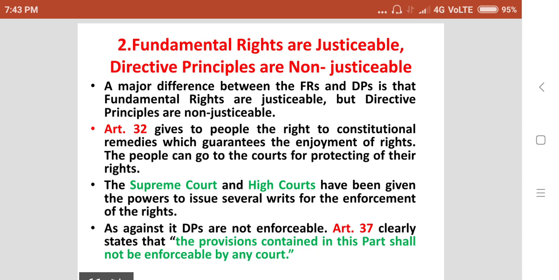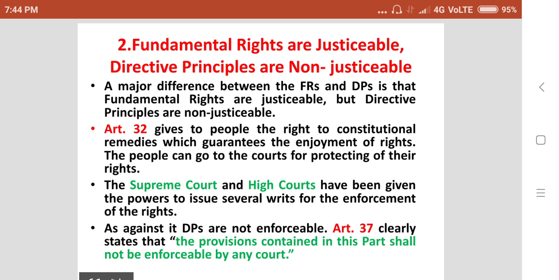Article 32 gives to people the right to constitutional remedies, which guarantees the enjoyment of rights. The people can go to the courts for protecting their rights.